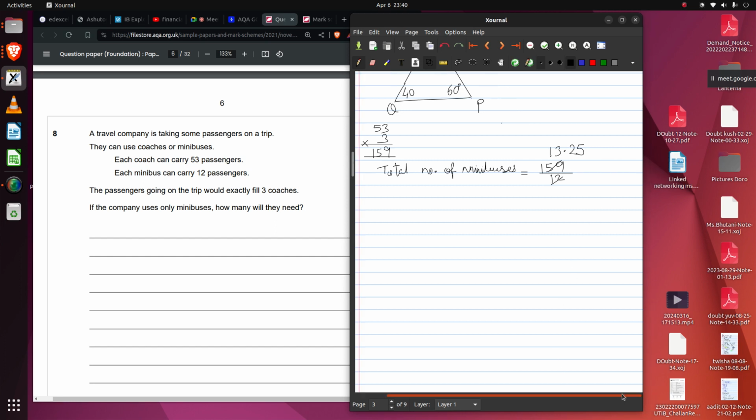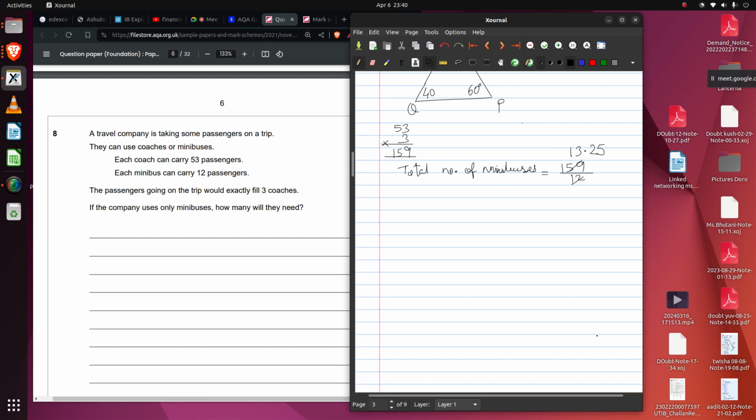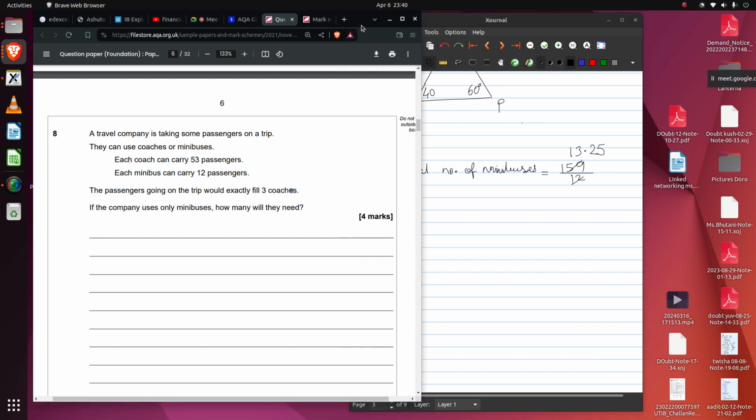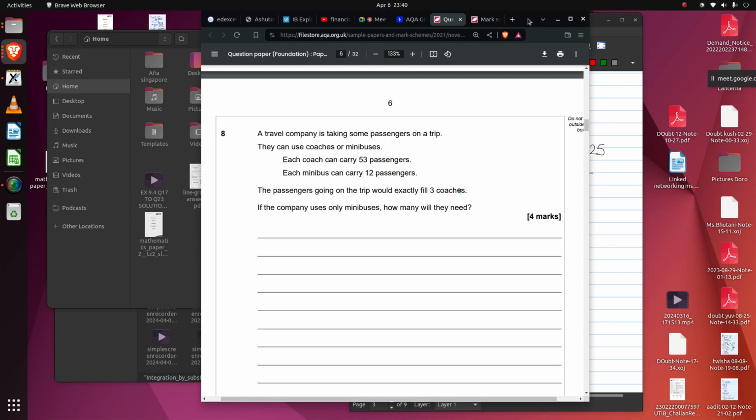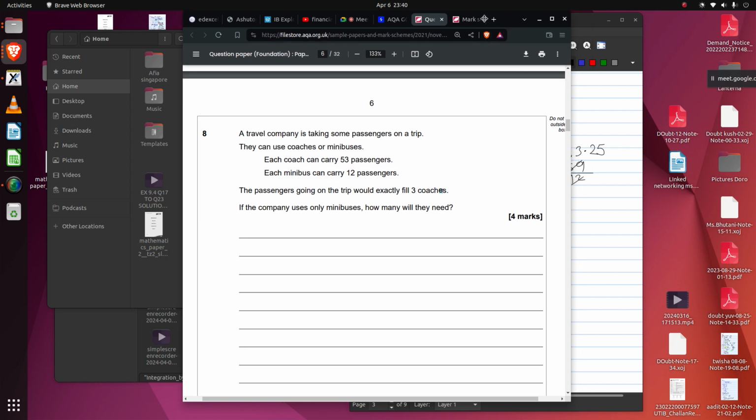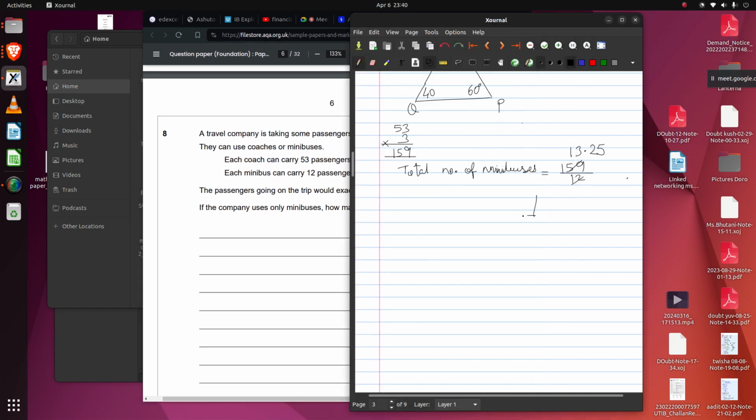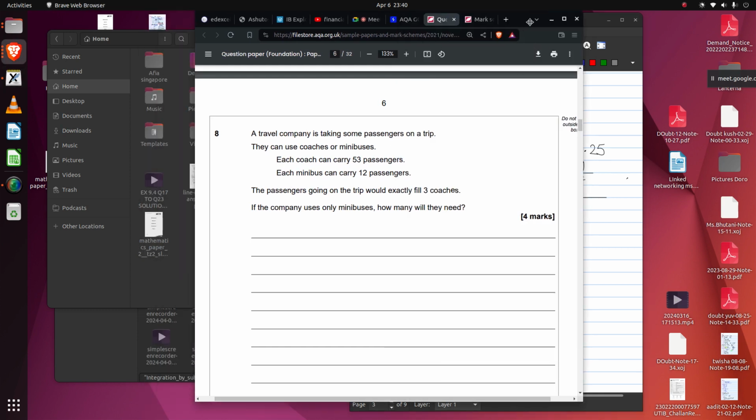So how did you simplify? I just divided 159 by 12 in my head. You can do it by using the proper steps, like the bus stop method. So do that. See what you are getting.